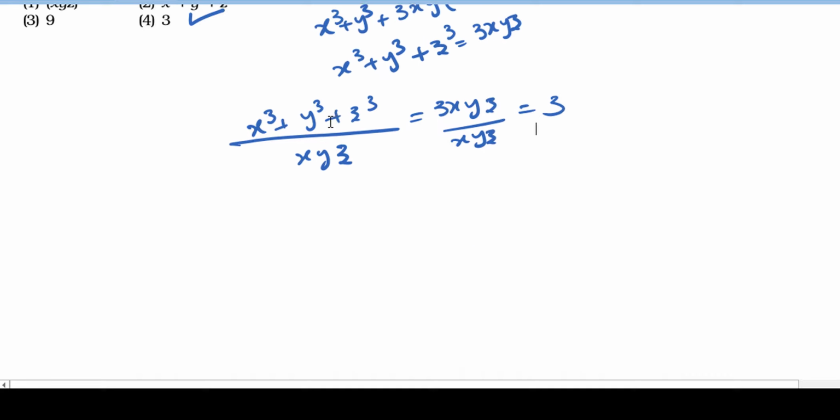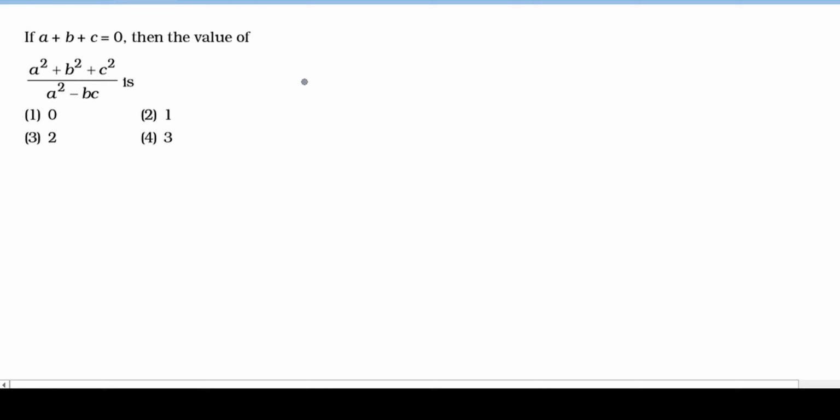Next question. a plus b plus c is equal to 0, then the value of (a square plus b square plus c square) by (a square minus bc). So here in denominator they have given bc, right? So we need to make (b plus c) whole square somewhere to get bc. So let's make it happen by sending a to the other side, and then let's square it.